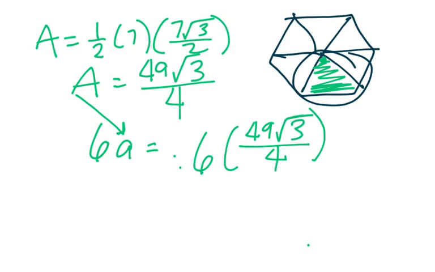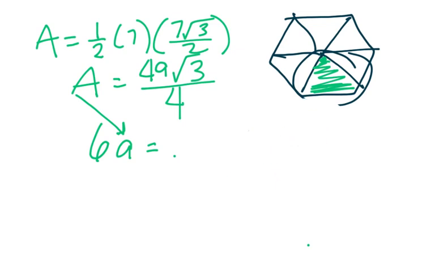Now we need to simplify it a little bit. It's a lot easier to simplify. We're going to simplify the 6 and the 4 by 2. This can get messy, and one thing about math is we always need to make sure that we're making this very clear.